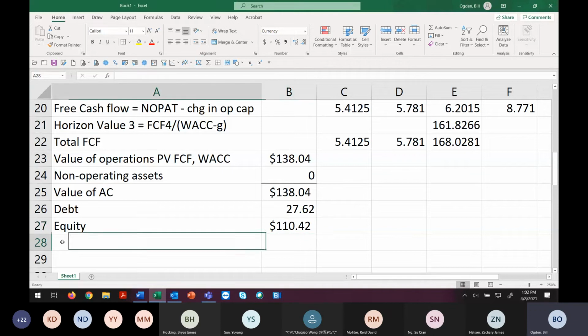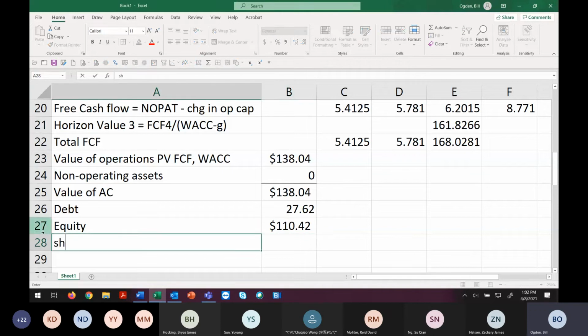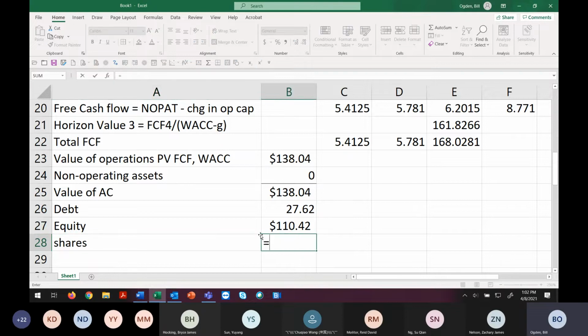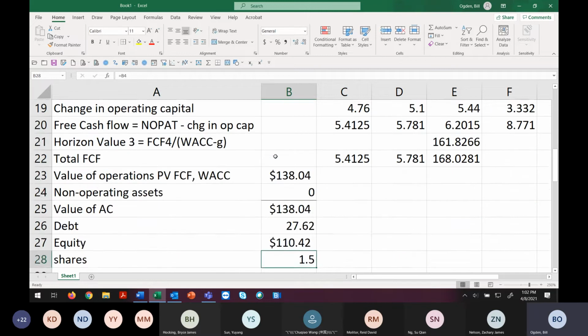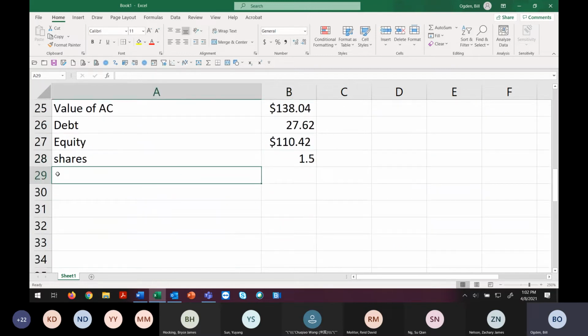All right, so then let's take our shares. And I think I have set it up with 1.5 million shares. And then this is our intrinsic value per share. Notice, did I put the word price in there? I did not, because I don't know the price.